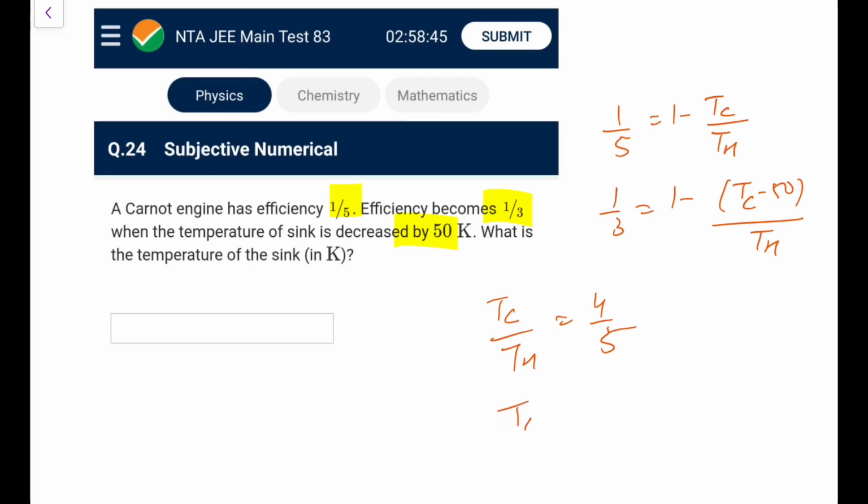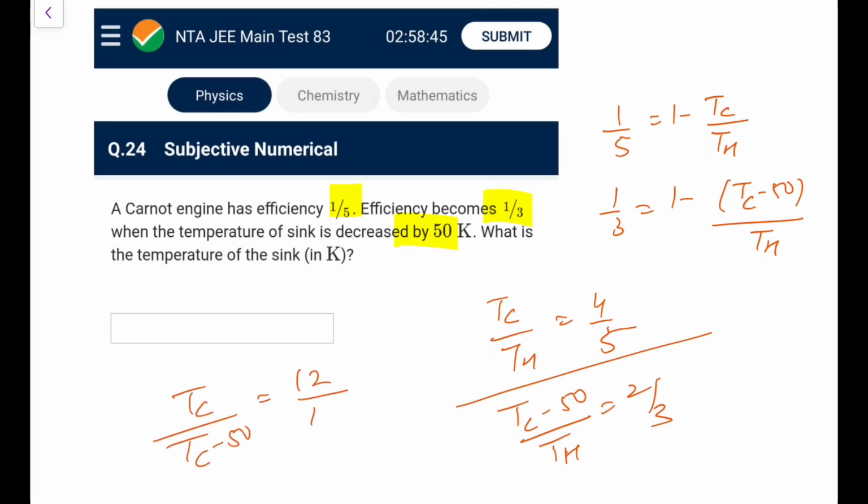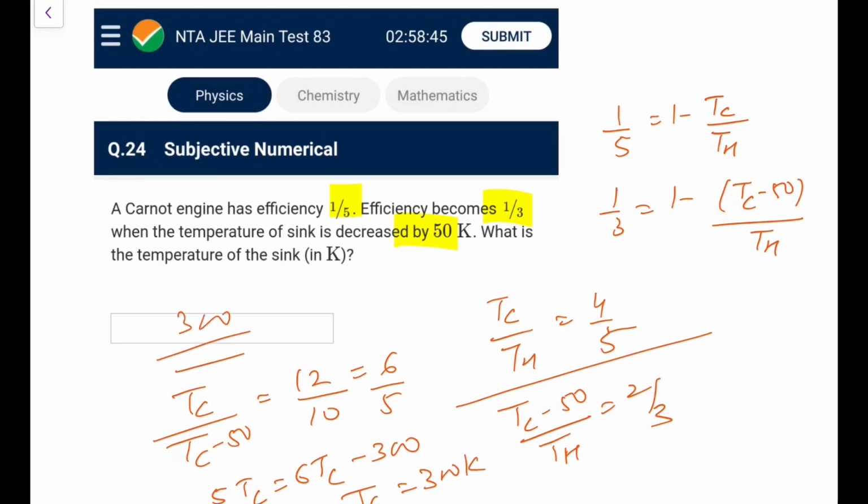From the second one I can write (Tc minus 50) upon Th is 2 by 3. So this leaves us with, divide both: Tc upon (Tc minus 50) is 12 by 10, so that is 6 by 5. So 5 Tc is 6 Tc minus 300. So Tc is left with 300 Kelvin. So the option 300 is the answer.